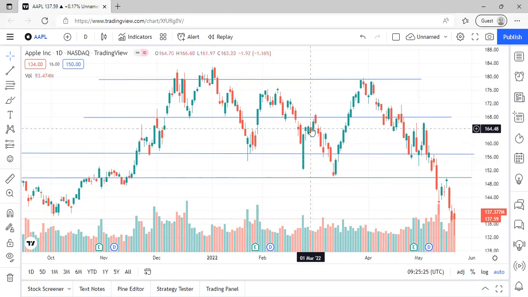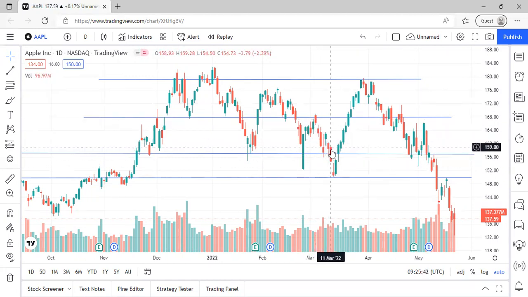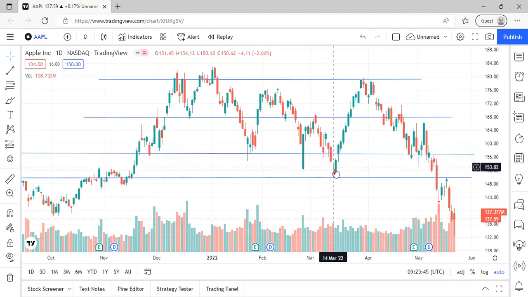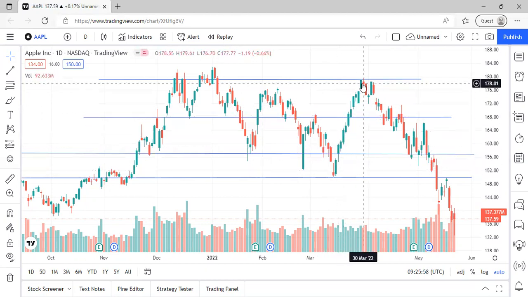Subsequently, it goes up until it reaches the 167 USD resistance line for a while, but it starts to tumble thereafter from the 3rd of March. And as you can see, subsequently the price breached the support line and started to reach this support line as well, where the resistance turned into support, and it bounces back up tremendously from the price of 151 USD up to a peak of 179.